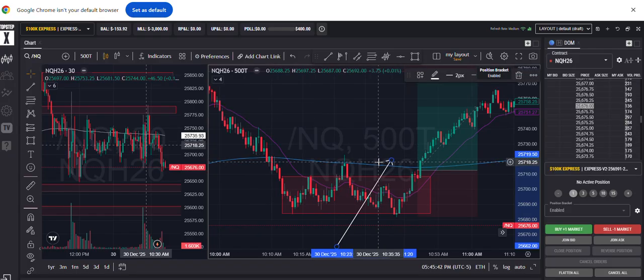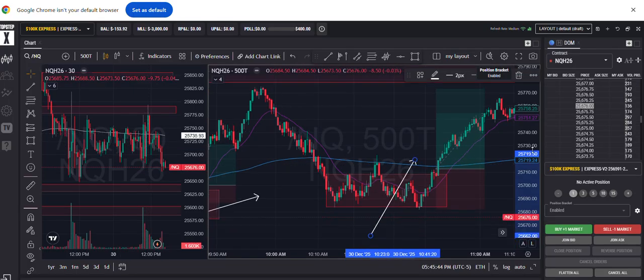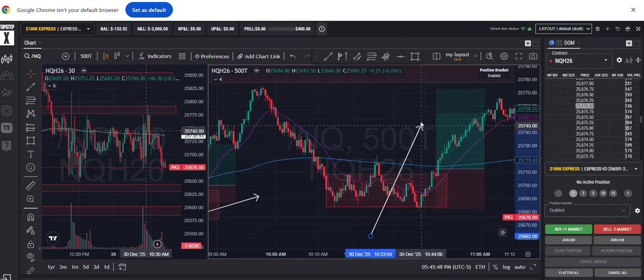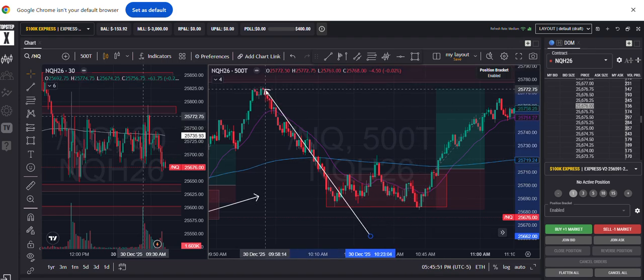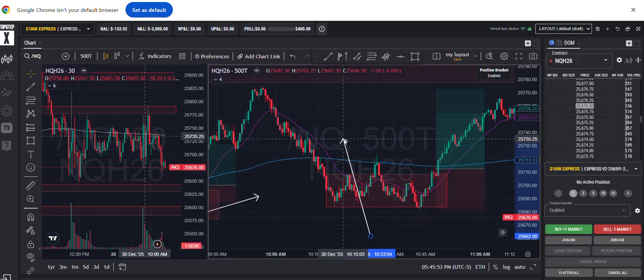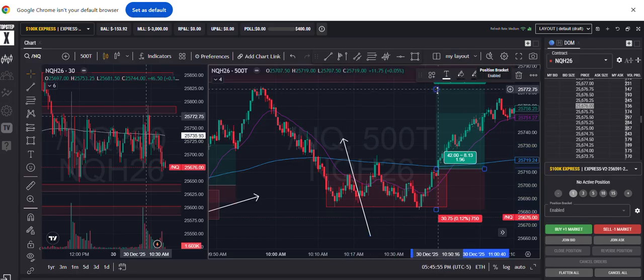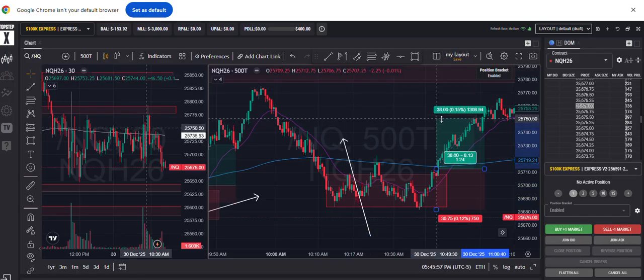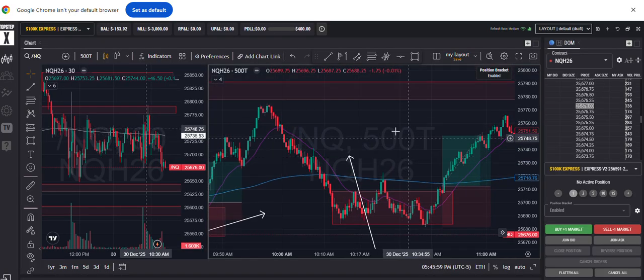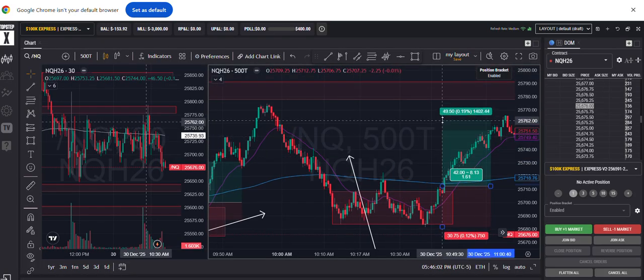So I would be targeting again the top of the range like we did earlier, because this is the bottom. I will be targeting this high, or you could just go for a 2-to-1 or 1-to-1 to be safe, or just see how far price is going to go if price is willing to tap the high.